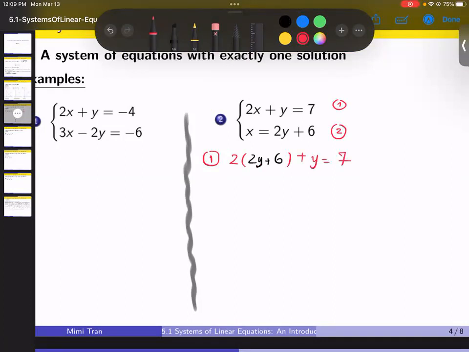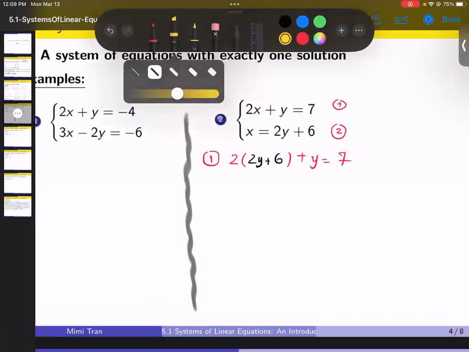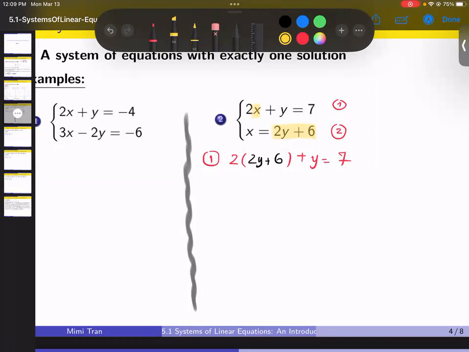So far, so good. Substitution. Substitute 2y plus 6 into x. And now it's just a linear equation you can solve with one variable.